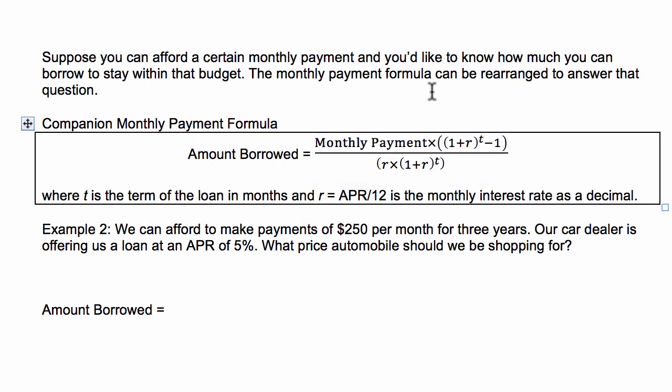Recall from this table, amount borrowed equals monthly payment times the quantity 1 plus r to the t minus 1, divided by the quantity r times 1 plus r to the t. To use this formula, we need to find r, t, and our budgeted monthly payment.